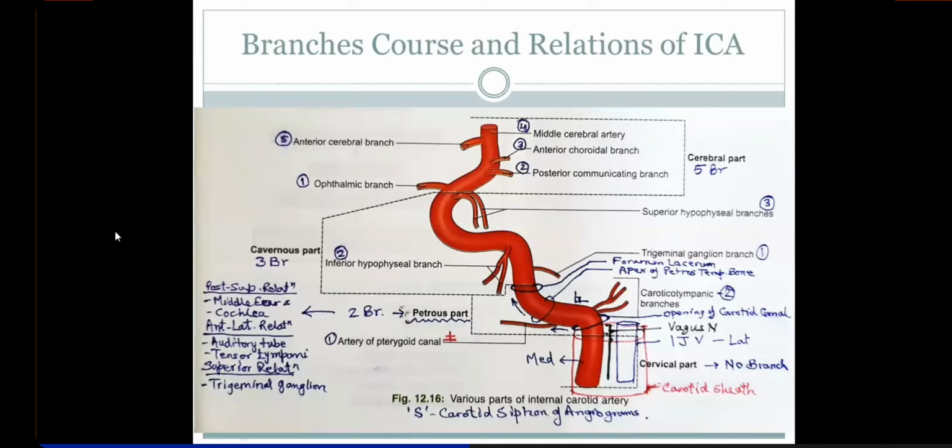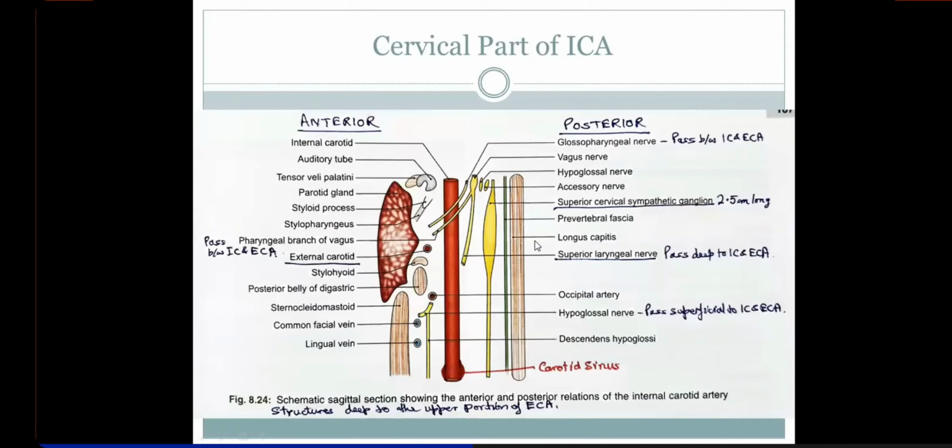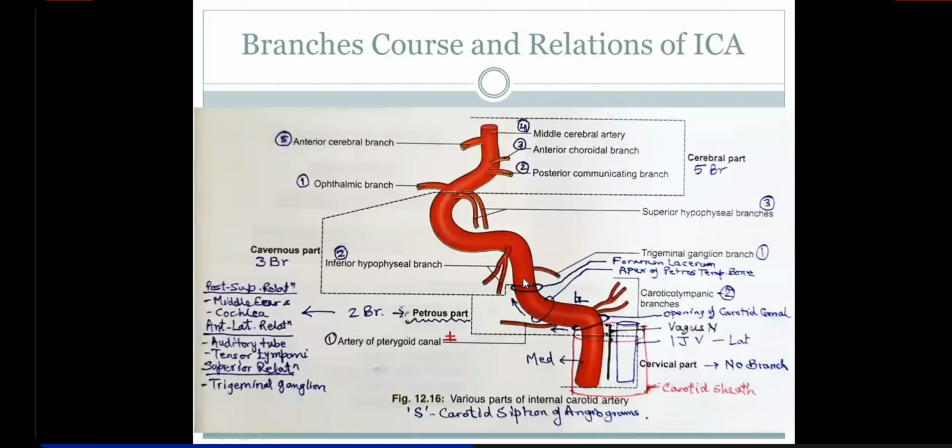So there, because you have this trigeminal ganglion just behind it, from where this internal carotid enters into the cavernous sinus, it also gives a branch to the trigeminal ganglion. ठीक, तो अब पता चल गया, there are three branches from the cavernous portion: two hypophyseal, superior and inferior hypophyseal branches, and a branch to the trigeminal ganglion.